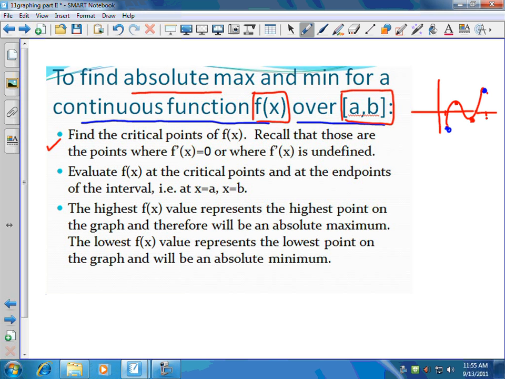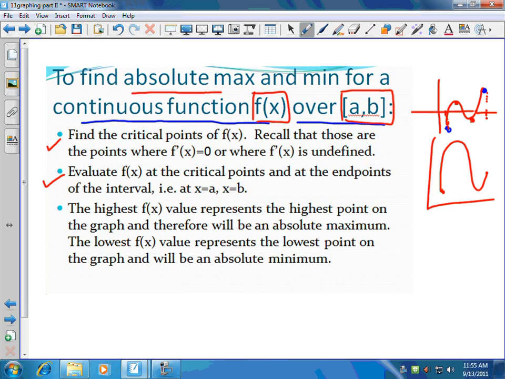Second, we're going to evaluate the function at the critical points as well as at the endpoints of the interval. Why do we do that? Because endpoints are candidates to give us absolute max or min points, but sometimes you can have a situation like this.